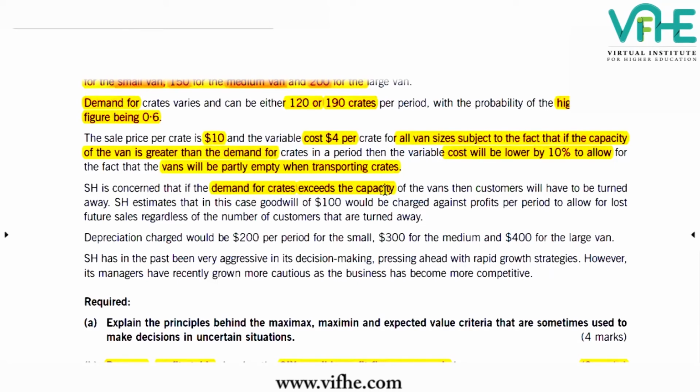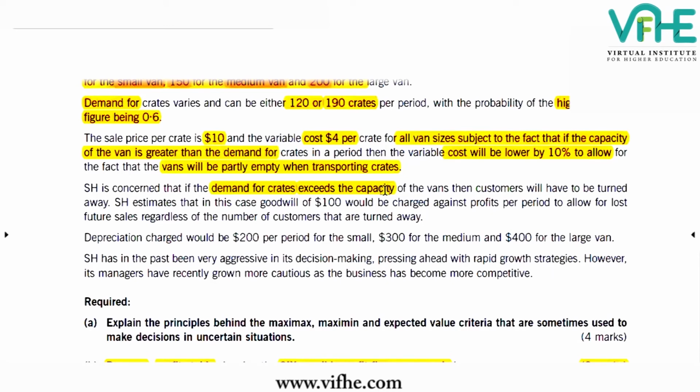So as the van had 100 people capacity available, anyone coming beyond 100 cannot be accommodated. So if the van can accommodate 100 people and 110 people came, only 100 could be accommodated and 10 have to be turned away.